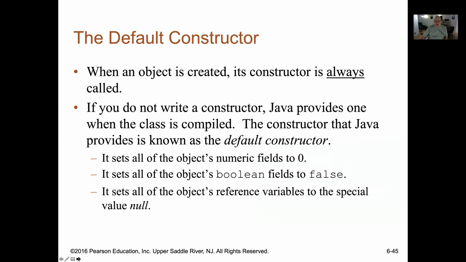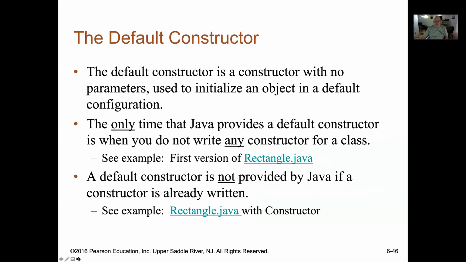So when an object is created, its constructor is always called. If you do not write a constructor, Java provides one when the class is compiled. The constructor that Java provides is known as the default constructor. A default constructor is a constructor with no parameters. It is used to initialize an object in a default configuration.